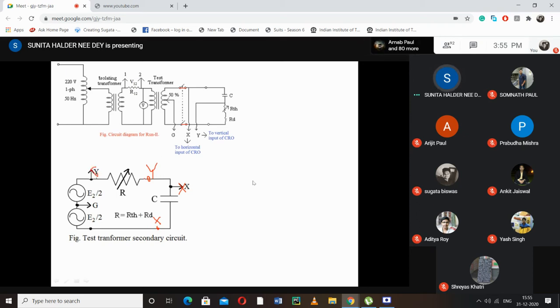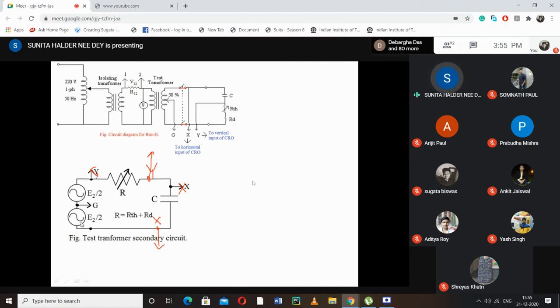This is not Y, right? Have I identified rightly now? You see, in between the supply and the capacitor, there is X terminal. Here if the total induced EMF is E2, secondary induced EMF, then G point means it is divided into two parts because we have taken from the center, right?